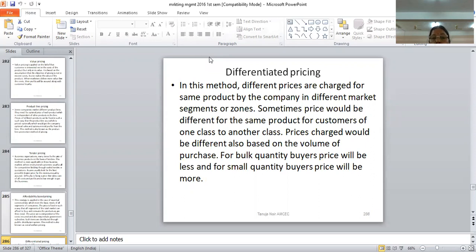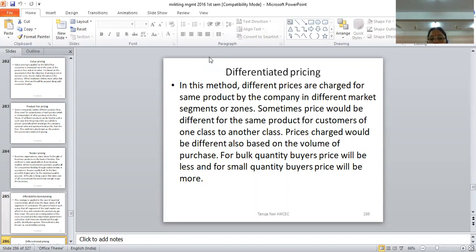In one market, if high class customers are there, they will charge a high price for the product. In another market, if middle class and lower middle class customers are there, the same product they will sell at a lower price. So the same product will be sold at different prices in different markets.